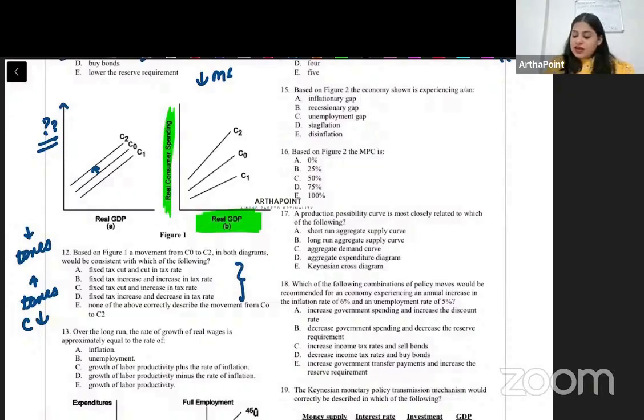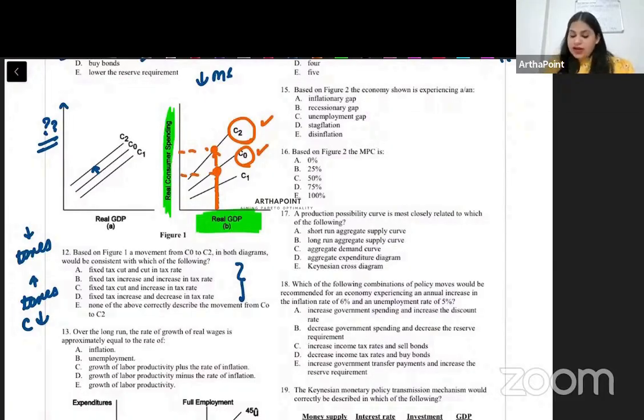Now, if I want to go from C0 to C2, that means that if this is my GDP and I go backward to this point, my GDP is reducing for the same consumer spending. But the other way of looking at it is that if I hold my GDP constant here, then from C0 to C2 my consumption is increasing for the same GDP.